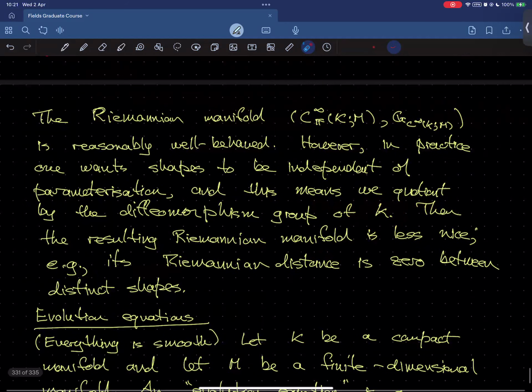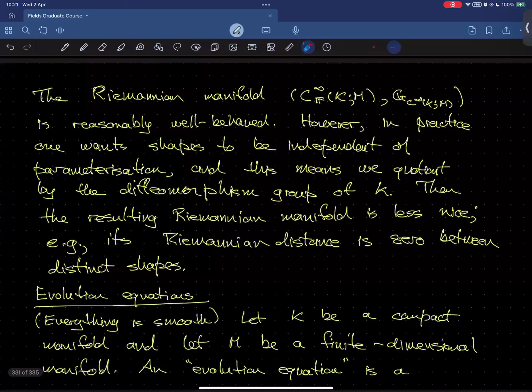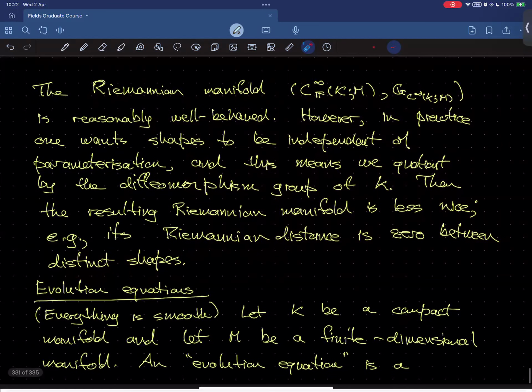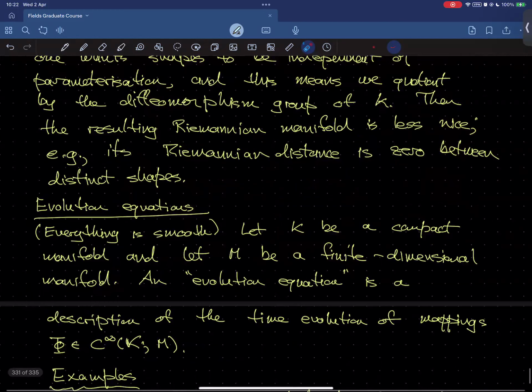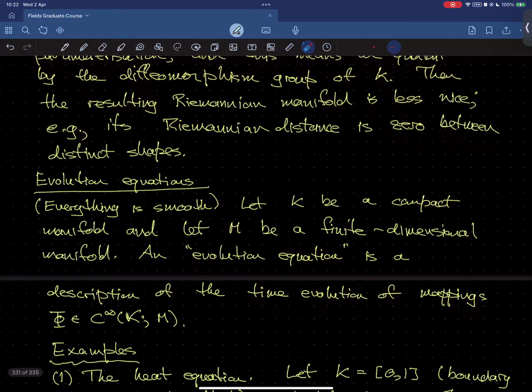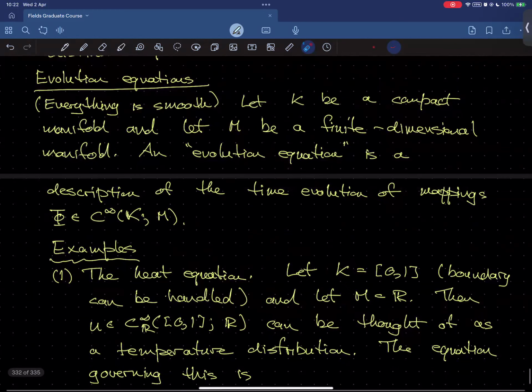The difficulty is that that Riemannian manifold is quite ill-behaved, in the sense that the Riemannian distance between two shapes will be 0. So when people do shape analysis, they spend a lot of time kludging to get around this drawback. That's all I'm going to say about shape analysis. There are tons of papers out there about that if you're interested.